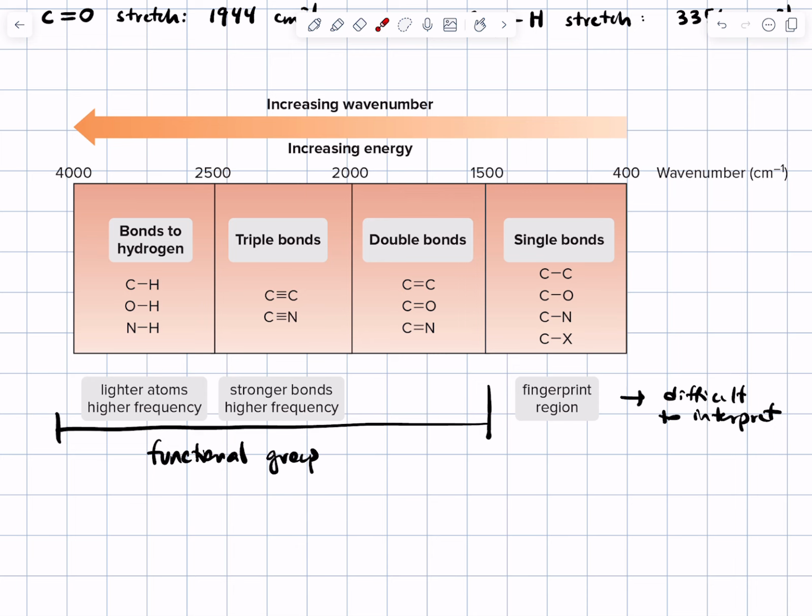That if your bond involves a hydrogen, your frequency should be higher. So all the stuff roughly from 2500 or 3000 and higher is going to involve hydrogens, okay? All organic molecules have hydrogens. So this part of the spectrum could be pretty busy. Nevertheless, there are some key features that are pretty straightforward to interpret.